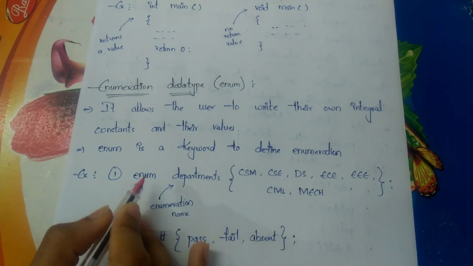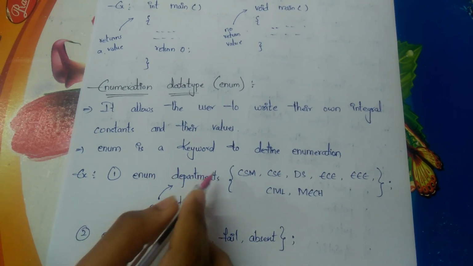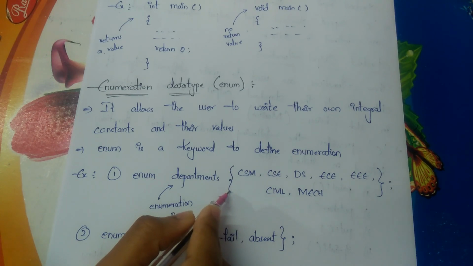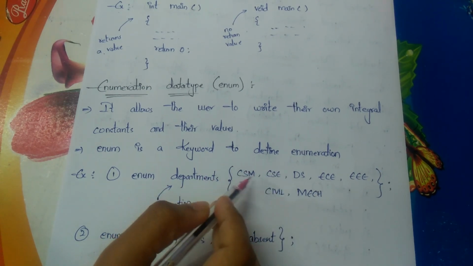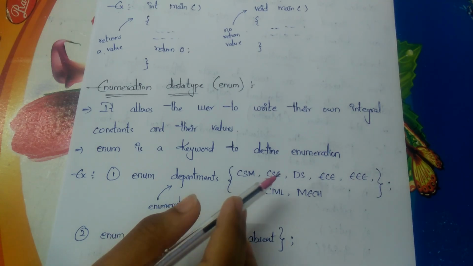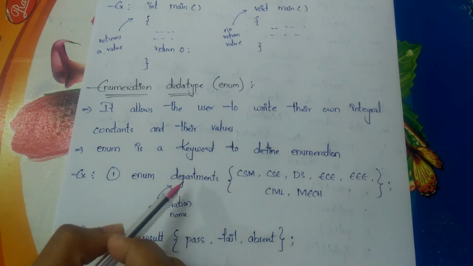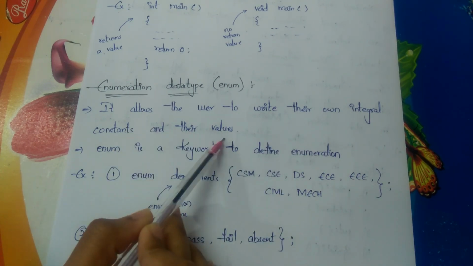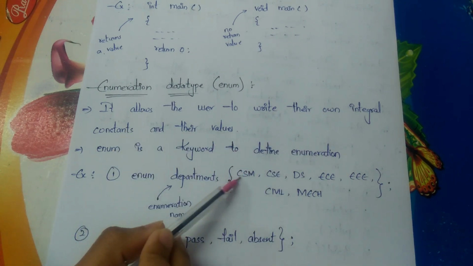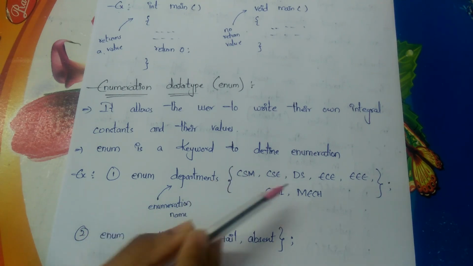The first one is enum departments. We represent it in curly braces, and within that we will write the names here. The user can write any values within the braces.